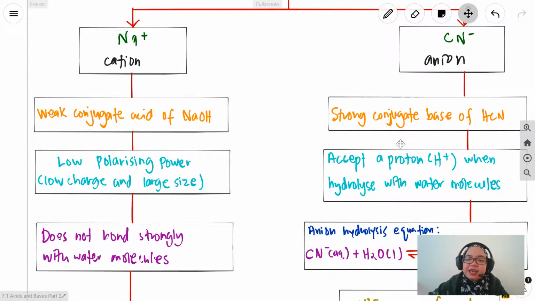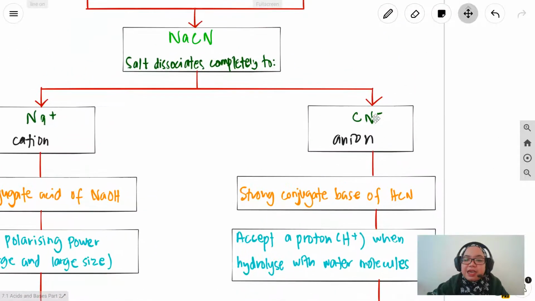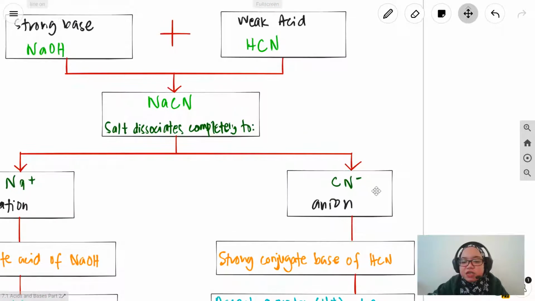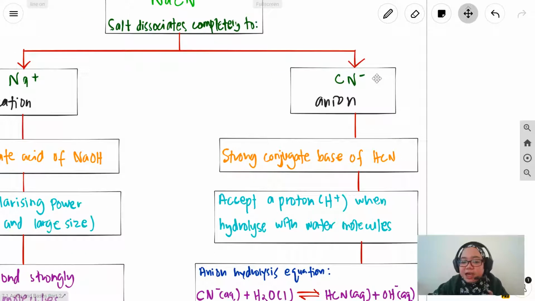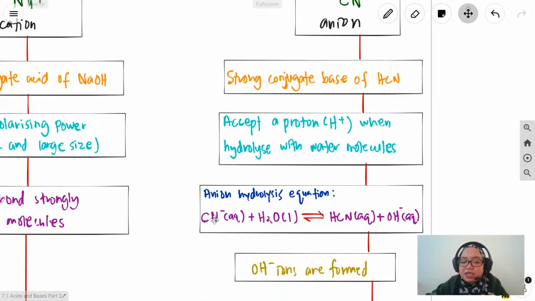So let's look at the anion side. The CN- anion is actually a strong conjugate base of HCN. So it will act as a Bronsted-Lowry base to accept a proton from water when it hydrolyzes with water molecules. So now you see here the CN- anion accepts one proton from water to form HCN and OH-(aq).